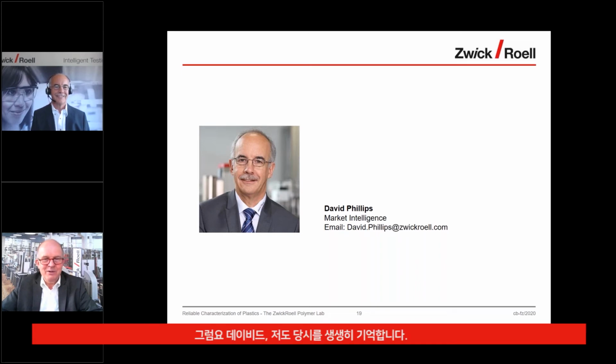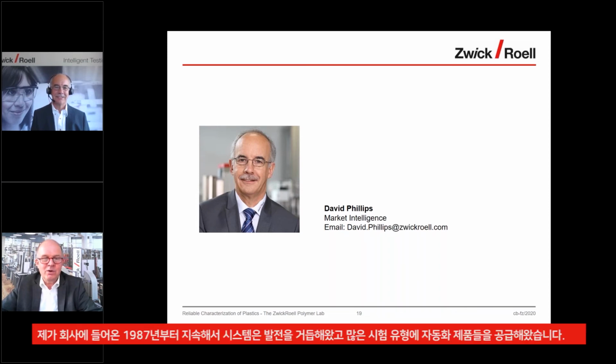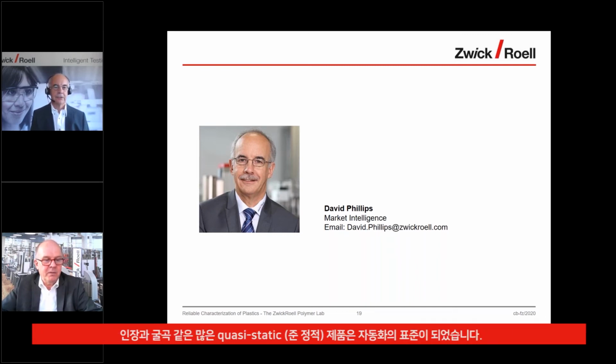Yes, David, I really can remember those times very well. They were being used all over the world already when I joined the company in 1987. So over the years, those systems have been continuously developed, and we offer automation products for many, many types of tests.